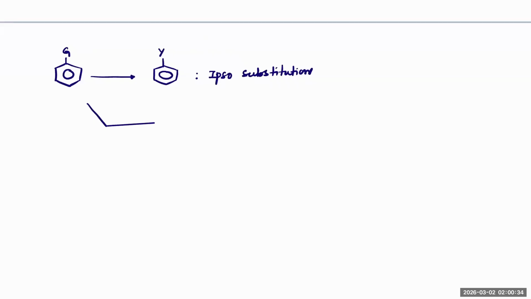Instead, let's say I have some electrophile, something like Y plus here, correct? And it is getting attached on either ortho position or para position. This position is called ortho. This is called para position.